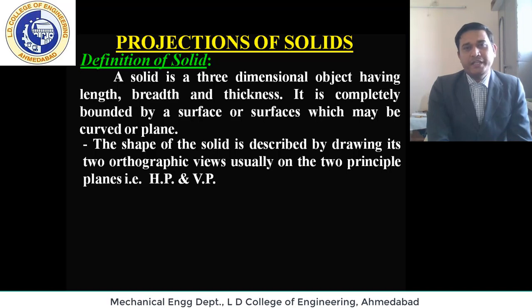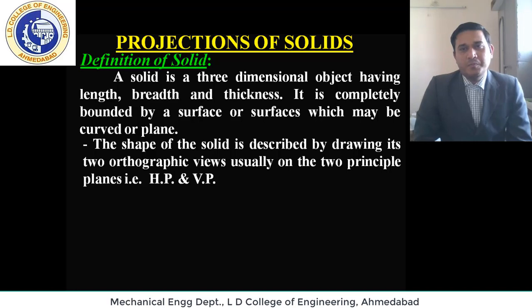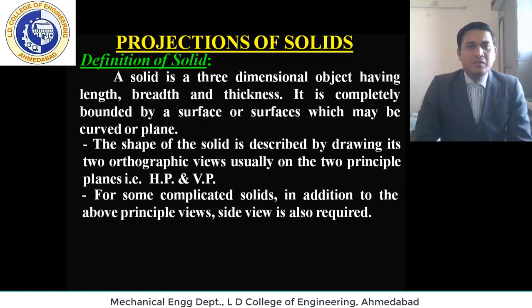The shape of this solid is described by drawing its two principal views, called the orthographic views, projected on the two principal planes. One is the horizontal plane, the HP, and the second is the vertical plane, the VP. For some complicated solids we additionally require a side view to estimate the total details.